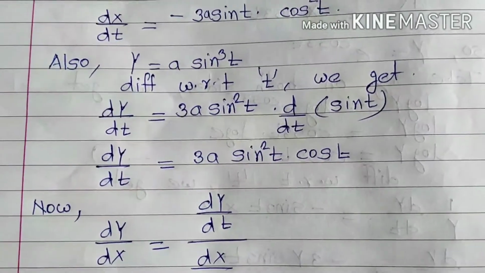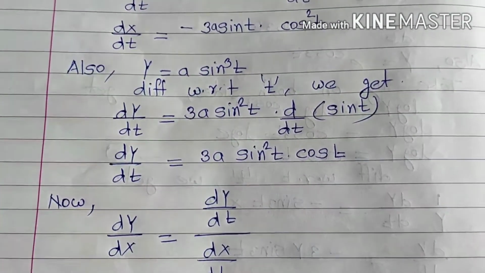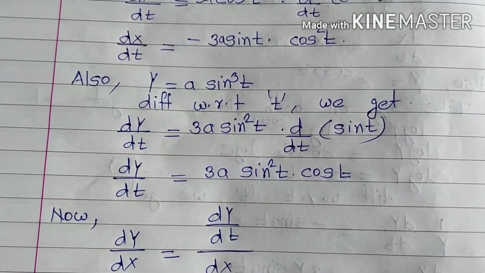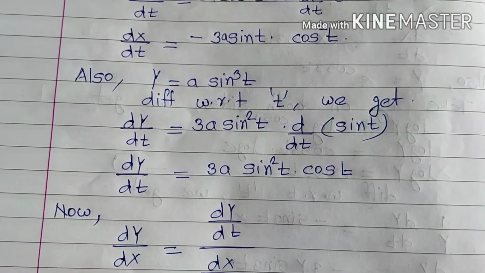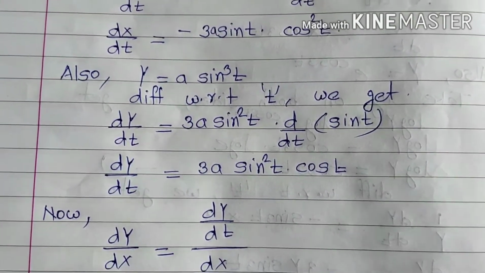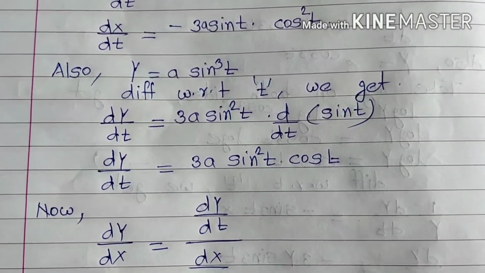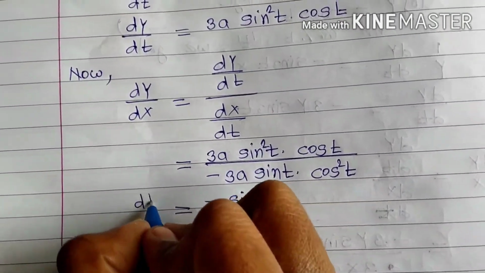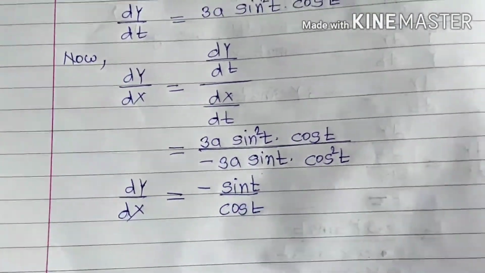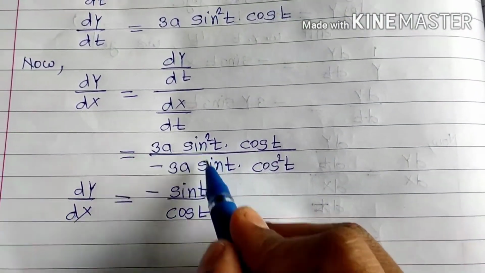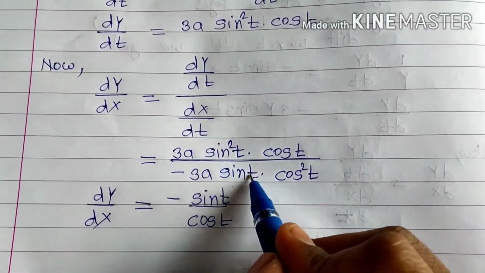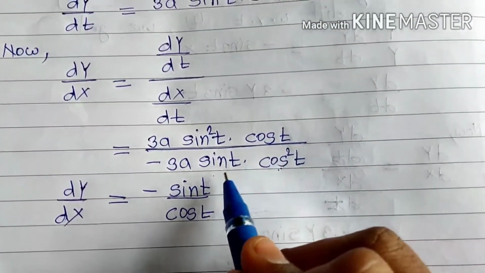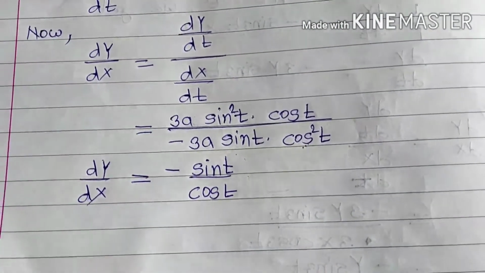After cancelling, we get sin t upon cos t. 3 gets cancelled, a gets cancelled, this sin t and this sin t cancel, and from this cos square t, one cos t gets cancelled. So only we get minus sin t upon cos t.